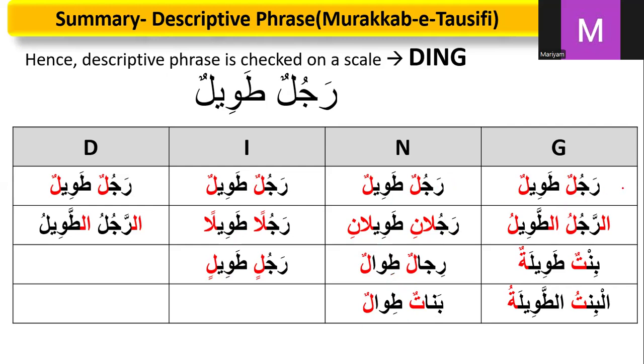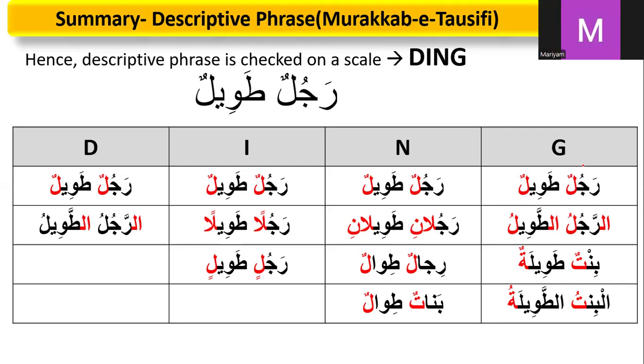Now come to the gender. As you know, if the noun is masculine, the adjective is also masculine. So rajulun tawilun. Ar-rajulu at-tawilu. Bintun tawilatun. Al-bintu at-tawilatu.